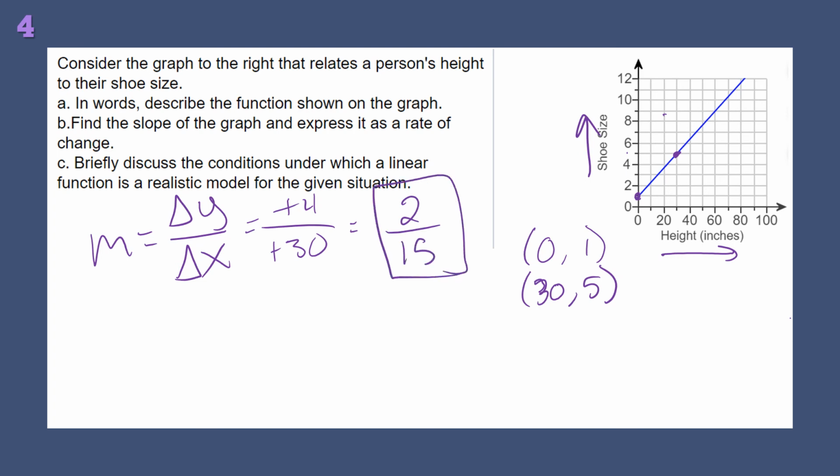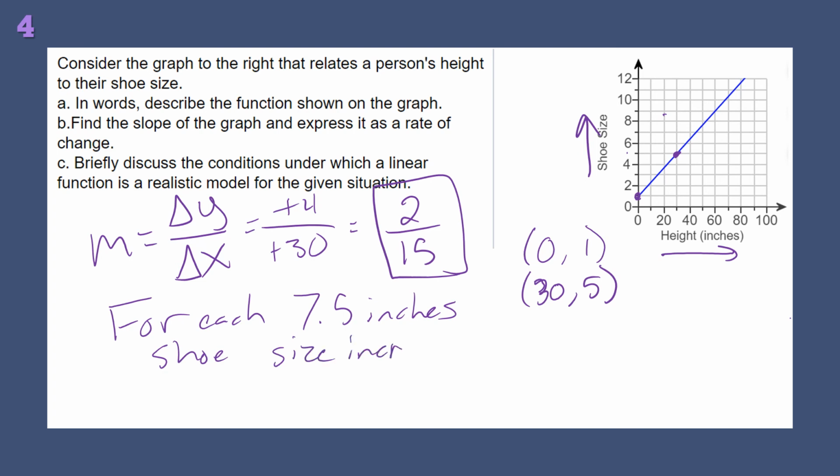And we could then say, as a rate of change, we could reword it: we go up 2 shoe sizes for every 15 inches. So in other words, for each 7.5 inches, shoe size increases by 1.